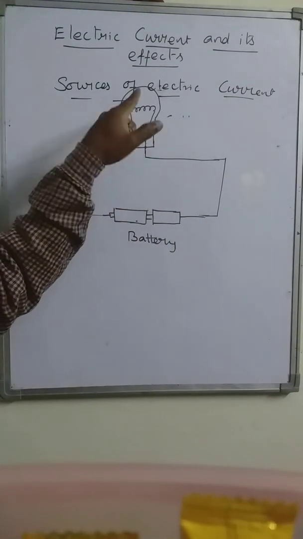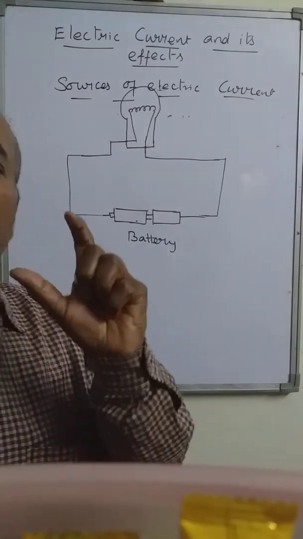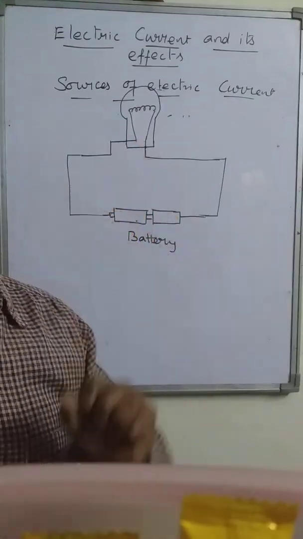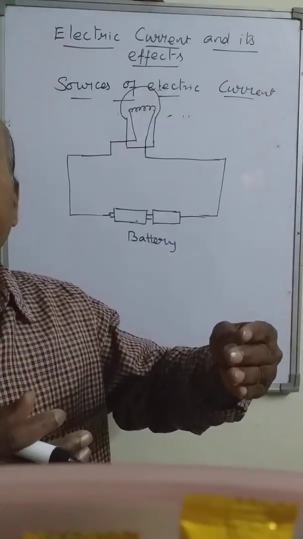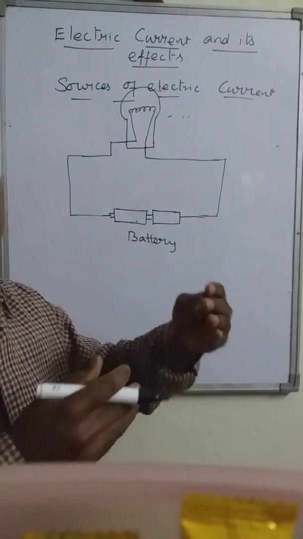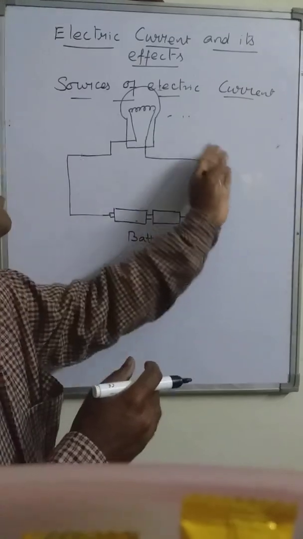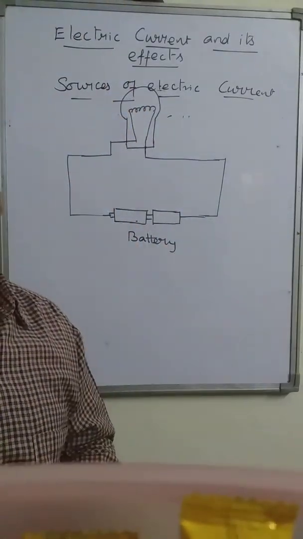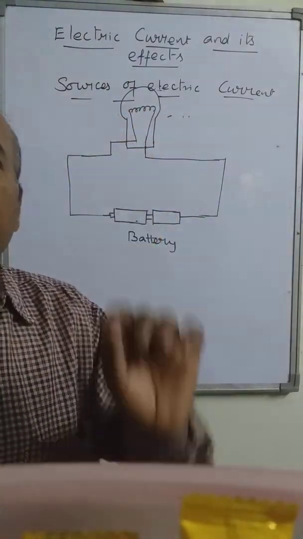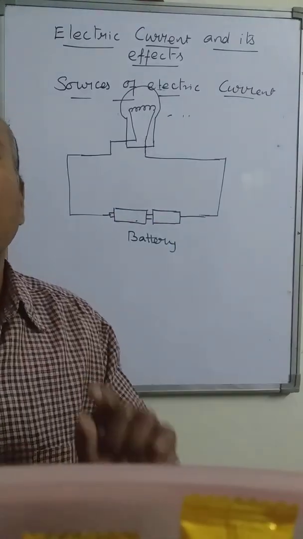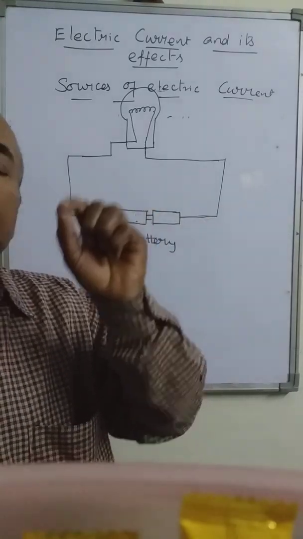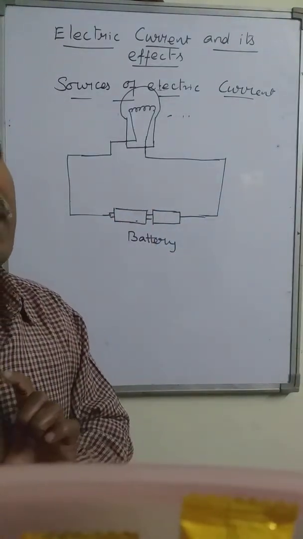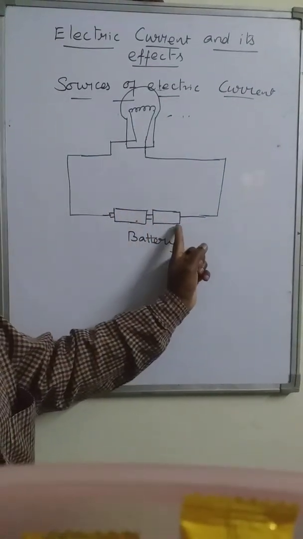The brightness of this bulb depends on the amount of electric current flowing through it. If more current flows through it, then definitely the brightness increases. When the current increases, brightness increases. When current decreases, brightness also decreases. Here we are increasing the number of cells.